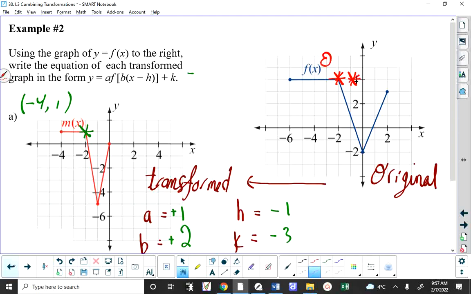So this is the original, this is the transformed, and the transformed lands at negative 1 comma 4. But I want it to be at negative 2 comma 1. How do I go from negative 1 comma 4 to negative 2 comma 1, which is here? I have to go 1 to the left and 3 down. And what I'm telling you is if you've done your job properly, it won't matter which point you choose.